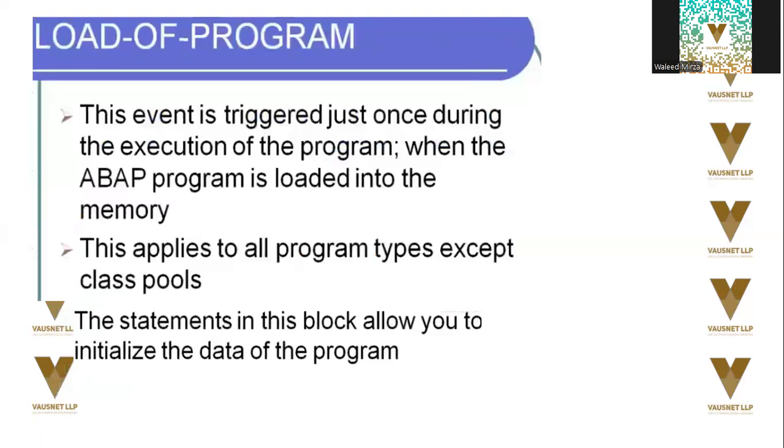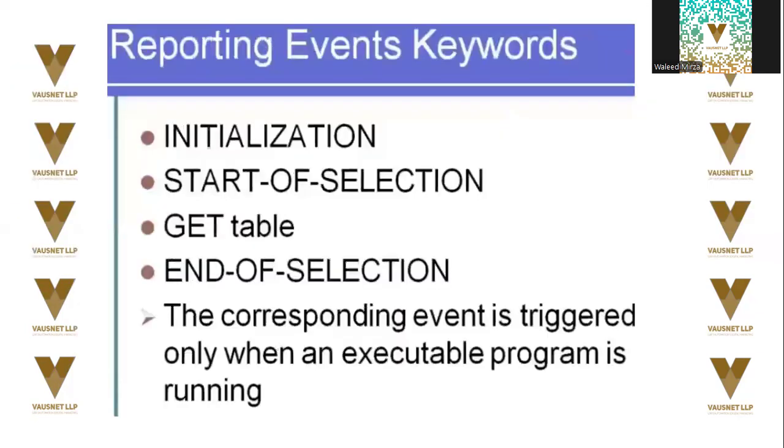Now this is triggered once whenever you load your program, and this applies to all programs except for the class related components. So the statements in this block allow you to initialize the data of the program.